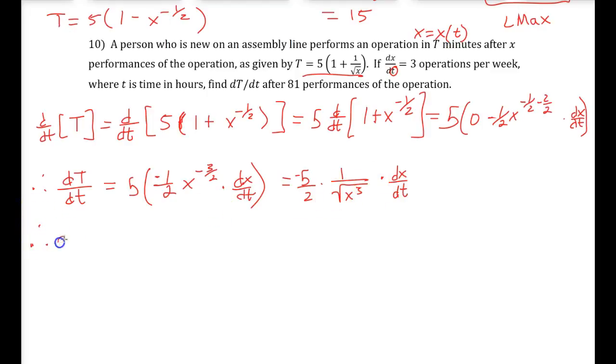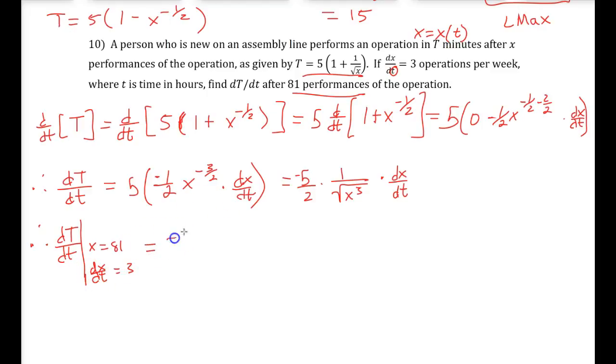So now to finish up, we need to plug in the given values. We know that x is going to be 81, because we're trying to figure out the rate of change of how many minutes it takes them to do this operation after doing it 81 times. And we know that dx over dt is going to be 3.